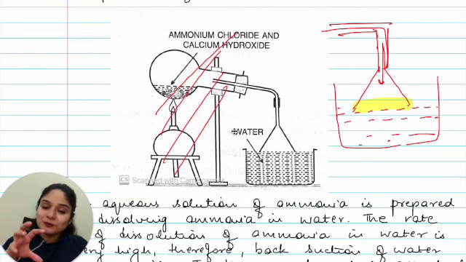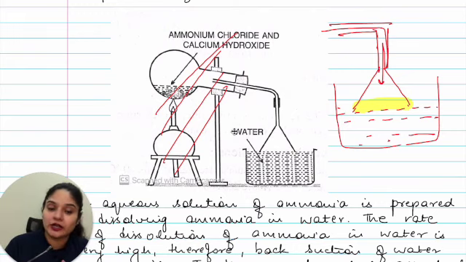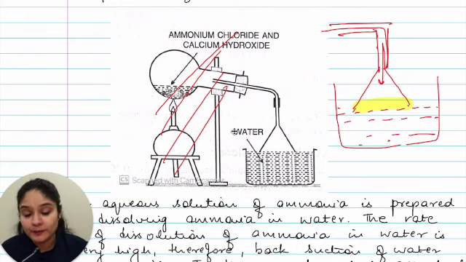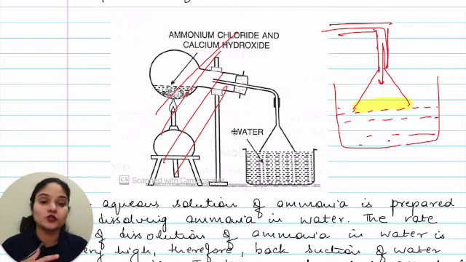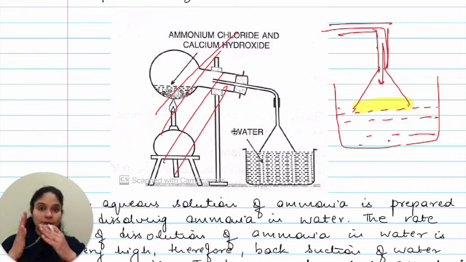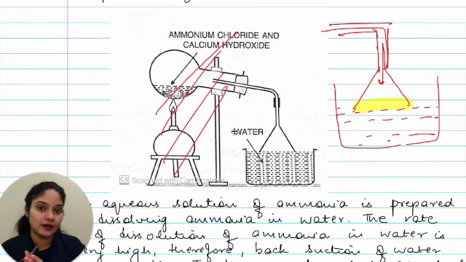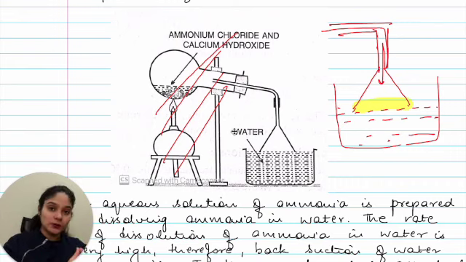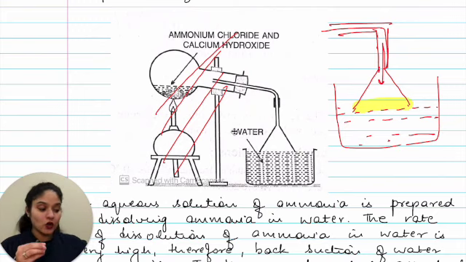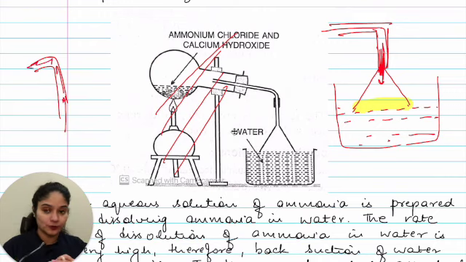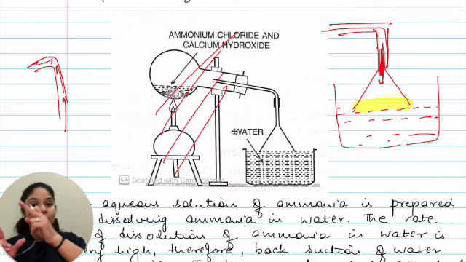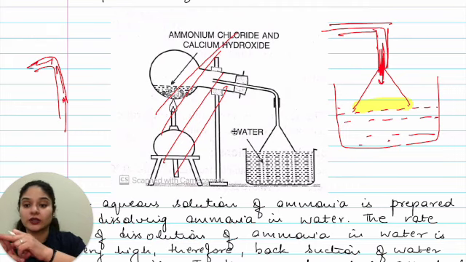Now, why do we specifically use this particular arrangement and not the regular tube one? The reason is that as the gas is highly soluble in water, the production of the gas is not that high compared to the solubility of the gas. So because of the vacuum that is left up in the tube, the water will eventually start rising up into the tube, and it may end up interfering with the actual arrangement of the preparation.